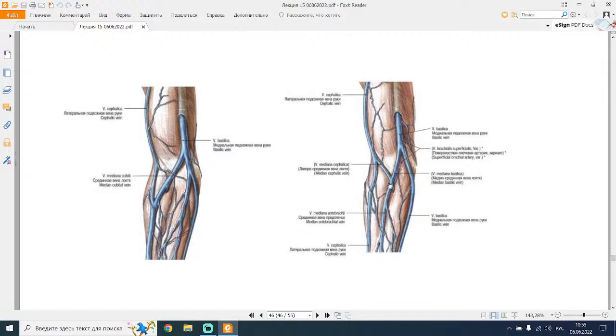Blood in the vessels drains into two veins, vena mediana cephalica and vena mediana basilica. This is vena mediana cubiti. This is absent. And this is variant.